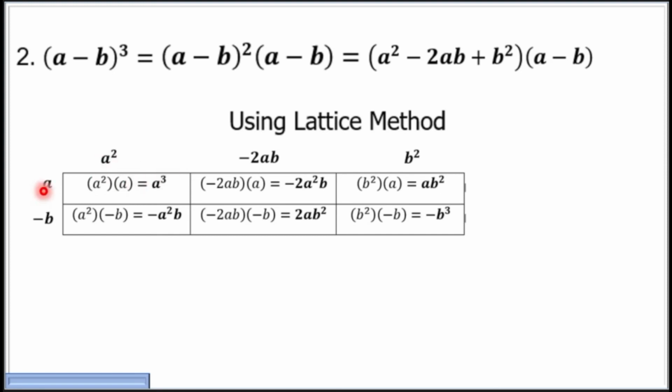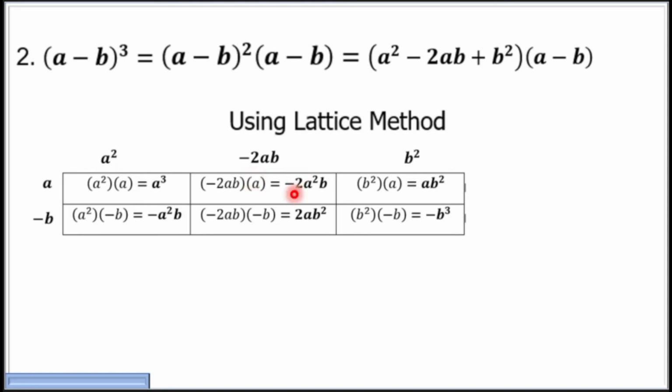Next, a times negative 2ab, so negative 2ab times a is negative 2, times 1, since there should be a number before a, so negative 2.